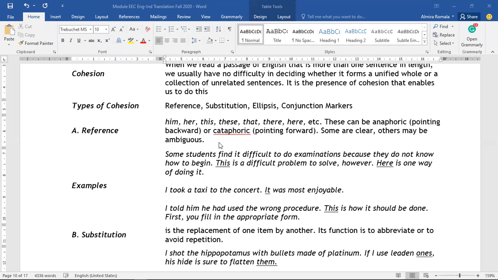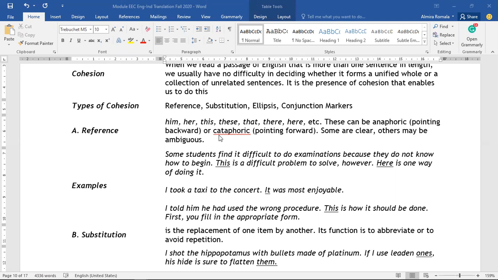The reference is commonly used in personal pronoun form, and it actually refers to something else in a text. It can be a concept in the previous sentence or in the next sentence. So guys, we need to take this reference to understand the meaning of the text.